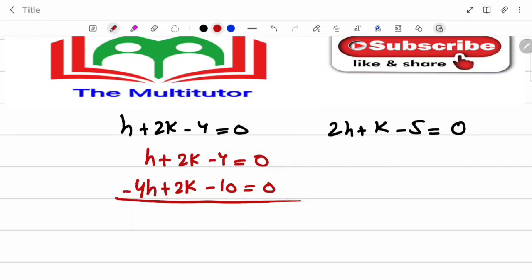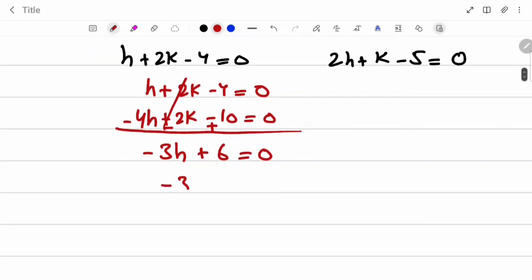Now flip the signs. This will be crossed. So we will be left with minus 3h minus 4, and positive 10 makes positive 6. So we have minus 3h equals minus 6. So h equals minus 6 by minus 3, so we will have 2.